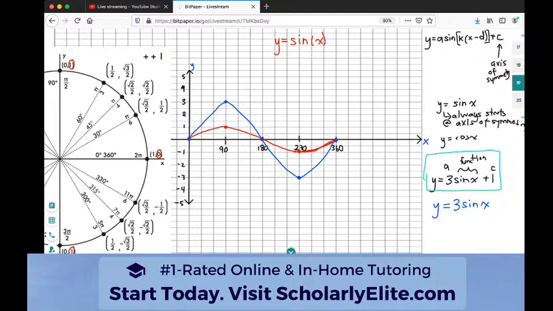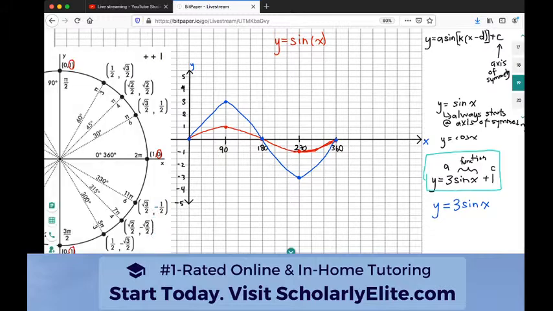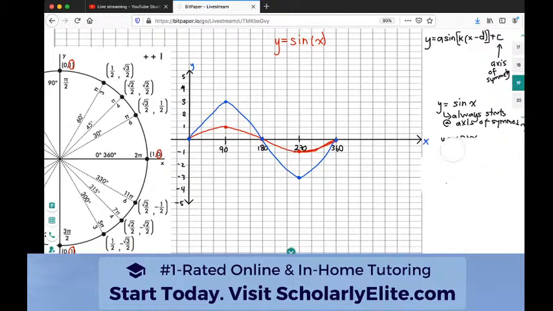So now let's do a phase shift. Let's do pink, this fuchsia-ish color. Let's say I'm trying to graph y equals sine x minus 90.